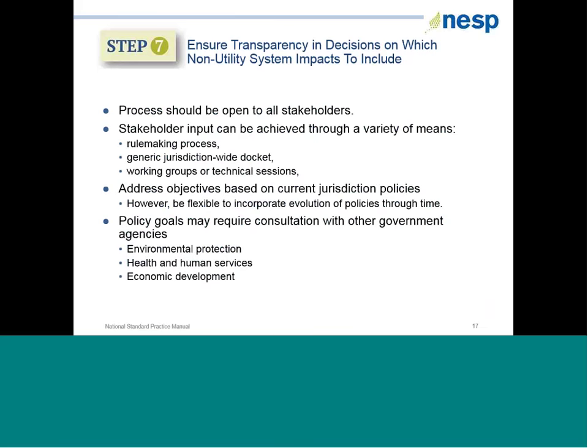And also, the objectives, we mentioned many times, should be driven by policy, but policies evolve over time, and there's, as we mentioned earlier, room to interpret policy, so that's why these stakeholder discussions are important. And finally, there might be other government agencies, Department of Environmental Protection, for example, that would have some important things to say about the goals, and so maybe they should be brought in as well.